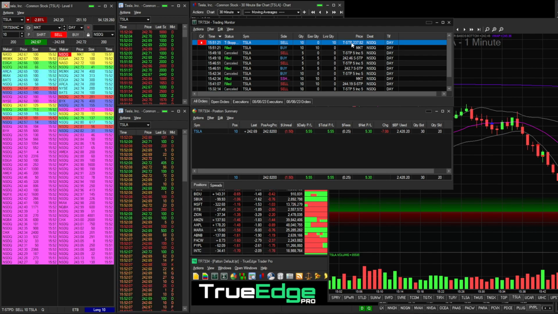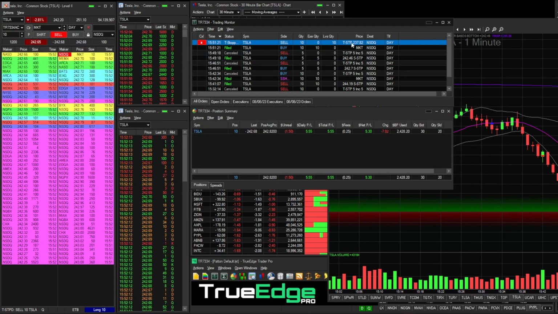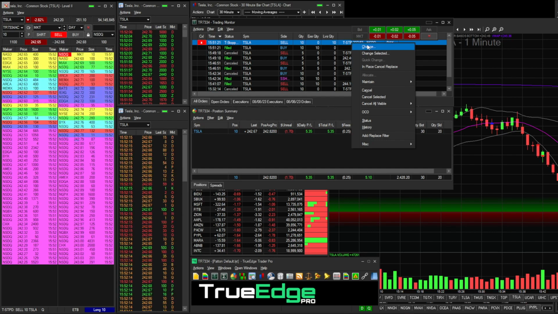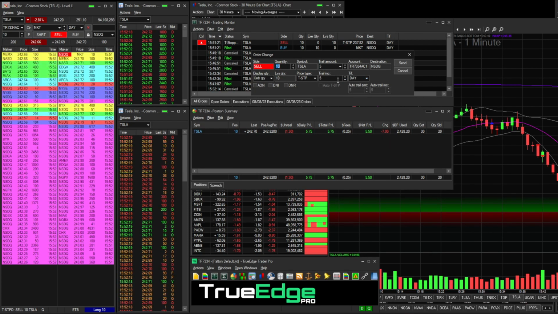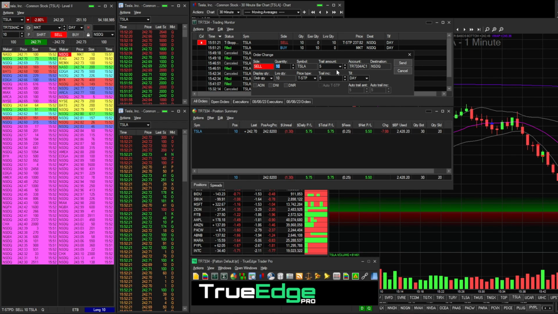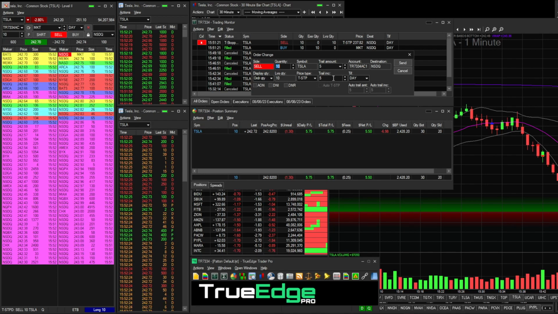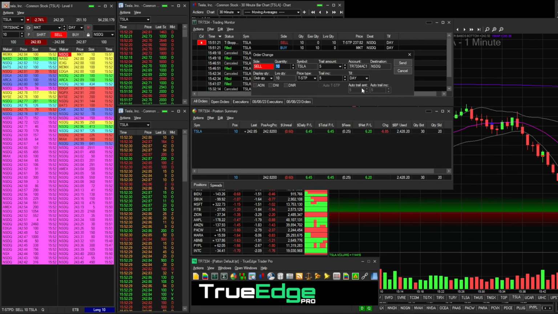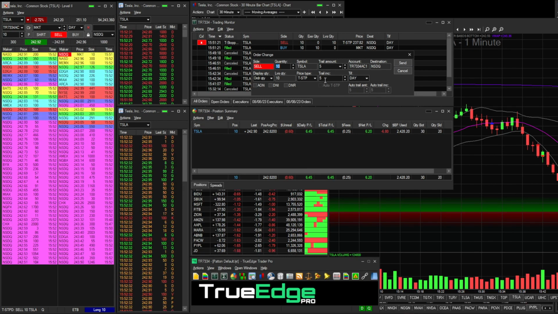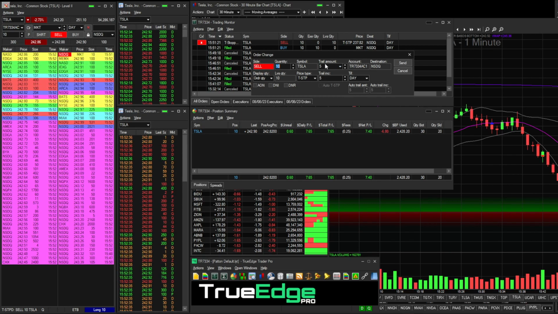Now, when I want to change this, all I have to do is go to change. I right click on here, go to change, and now it gives me my settings for the trailing stop. Now notice this button here is grayed out because I already know this is a trailing stop, so I don't have anything to adjust down there. Here's what I have to adjust, right there. Okay?